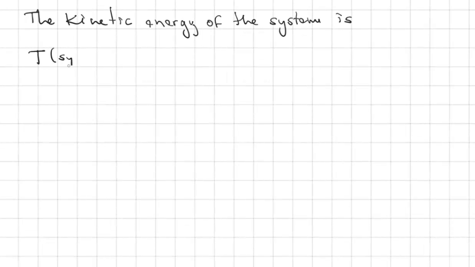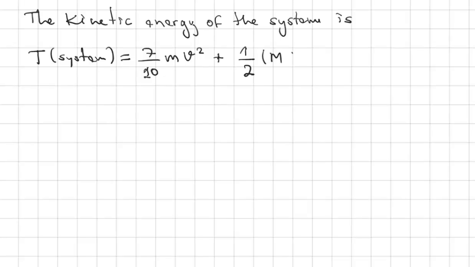This system is equal to the kinetic energy of the ball, 7/10 mass velocity squared, plus 1/2 mass of the wedge plus mass of the ball, x dot squared.